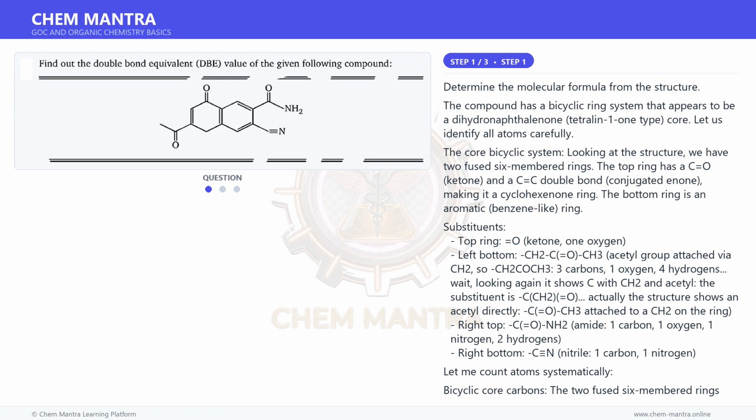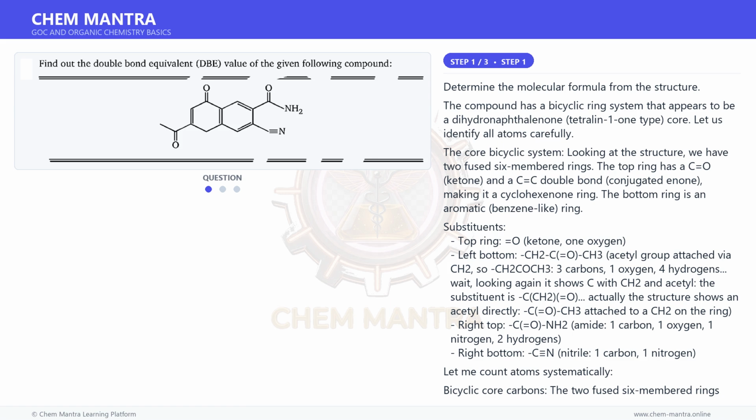Actually the structure shows an acetyl, C=O CH3, attached to a CH2 on the ring. Right top, C=O NH2, amide, 1 carbon, 1 oxygen, 1 nitrogen, 2 hydrogens. Right bottom, CN, nitrile, 1 carbon, 1 nitrogen. Let me count atoms systematically.